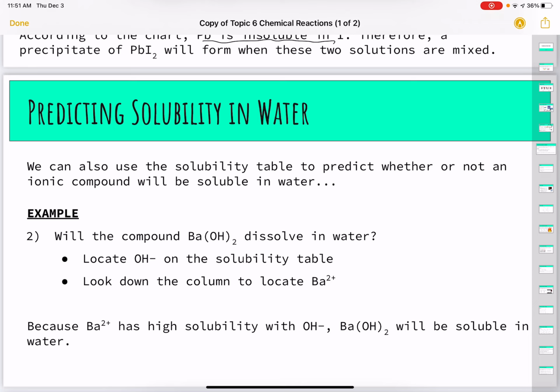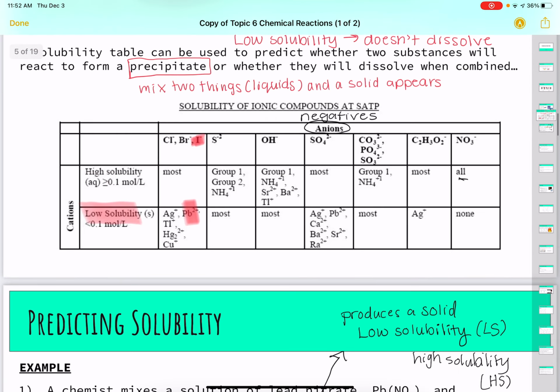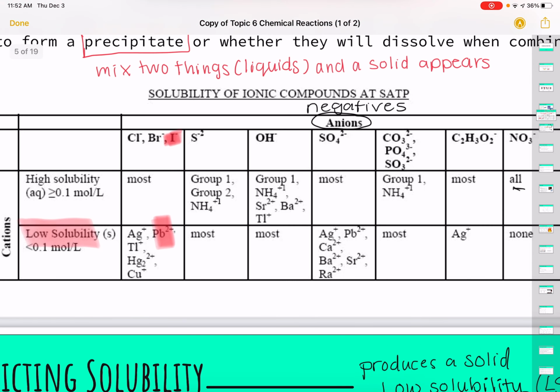Because Ba has high solubility with OH, this will be soluble in water. So putting those two together, we can see that it's soluble. So they were looking for OH and then Ba, and they found out high solubility.